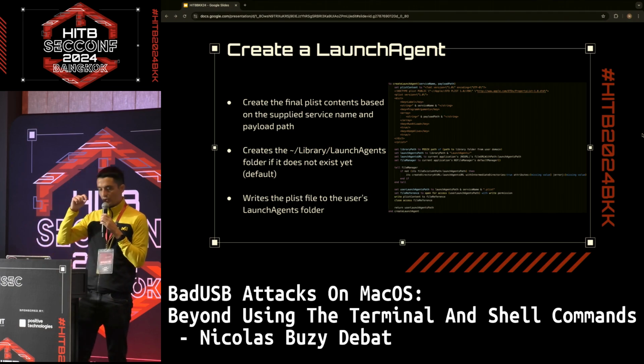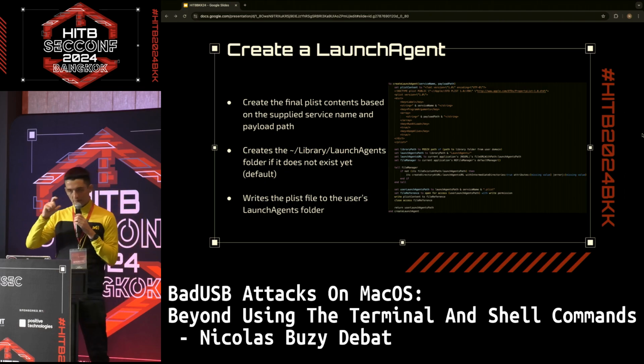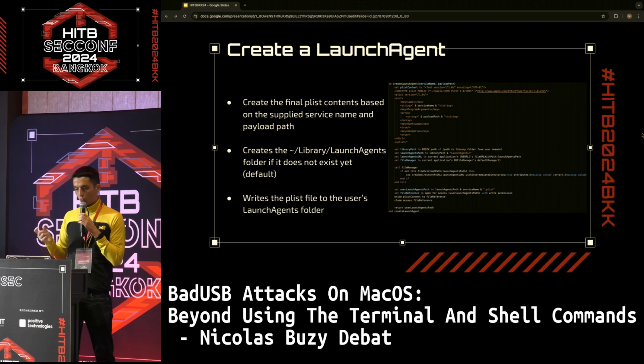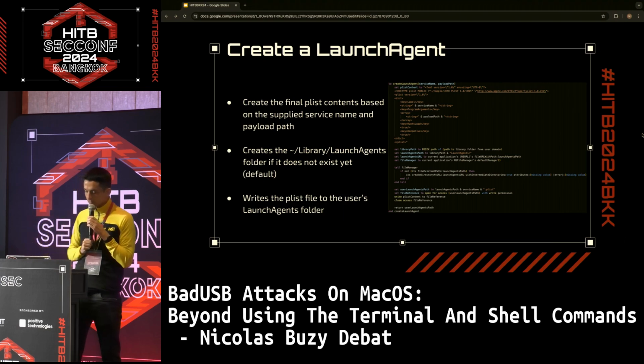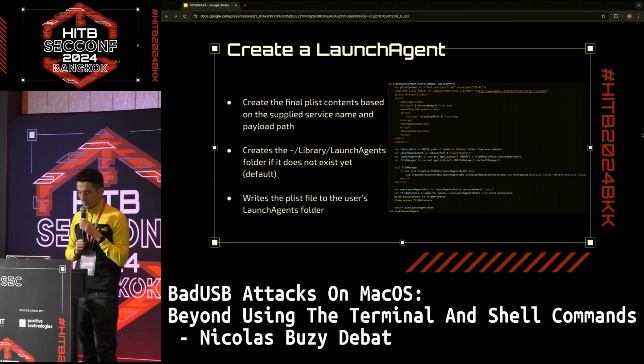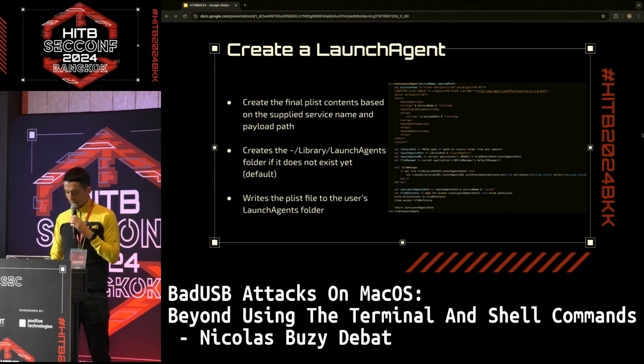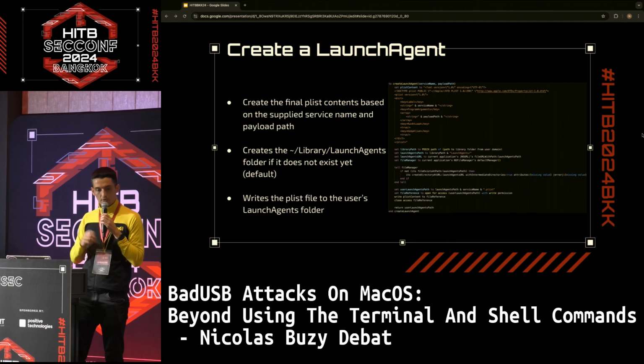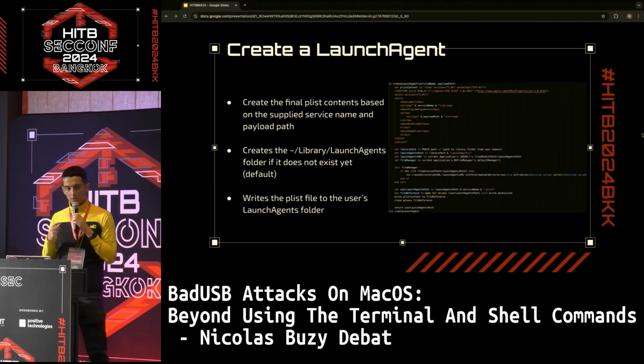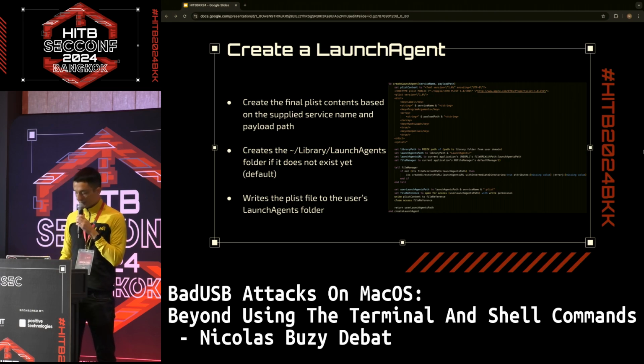In our case, it will be in Library/LaunchAgents within the user's folder. Another thing to take note of is that Library/LaunchAgents within the user's folder is not created by default. So you might need to check for its existence first and create it if it doesn't exist.